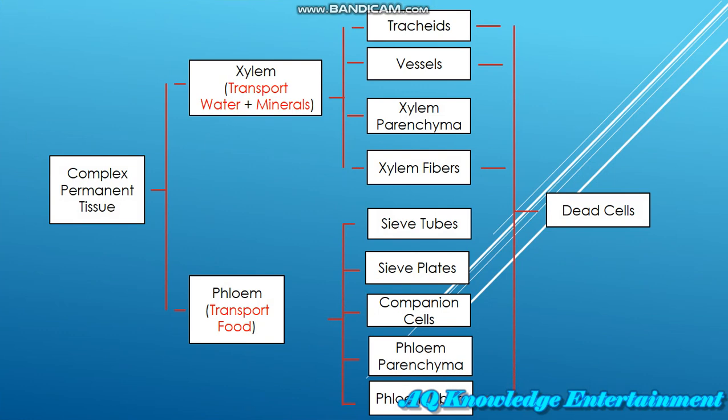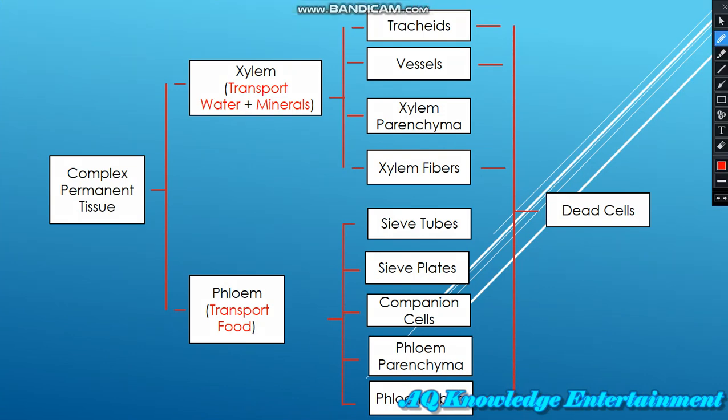Okay, now first let's talk about xylem. Xylem consists of four components: the tracheids, vessels, xylem parenchyma, and xylem fibers. The cells have thick walls and many of them are dead cells. So this is an important point right here. Let me just annotate and show you all.